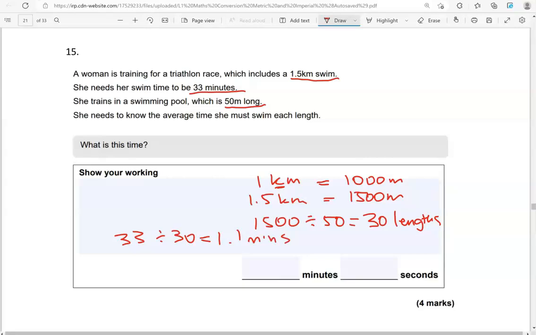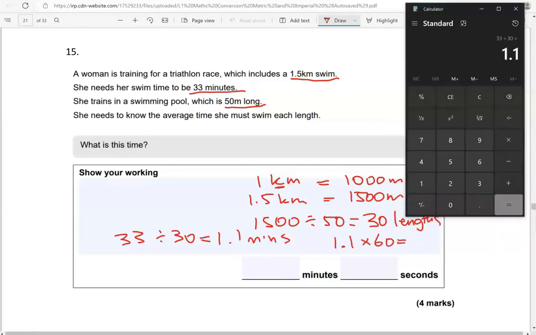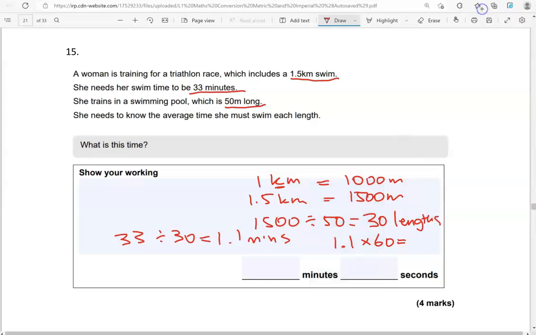Now, what's that equal to in minutes and seconds? So if I do 1.1 times 60, because there are 60 seconds in a minute, that should give me the total number of seconds. So that is 66 seconds. So that is 1 minute and 6 seconds.